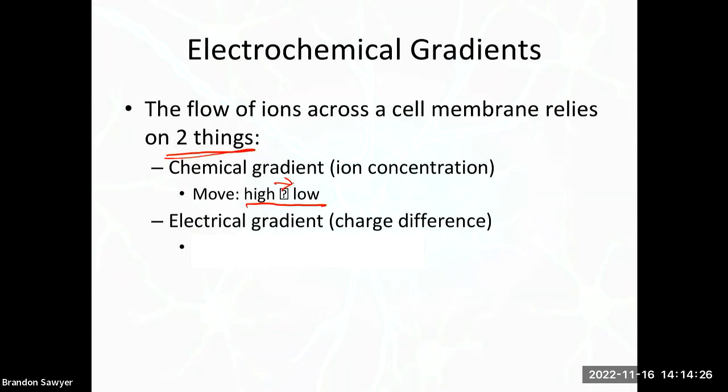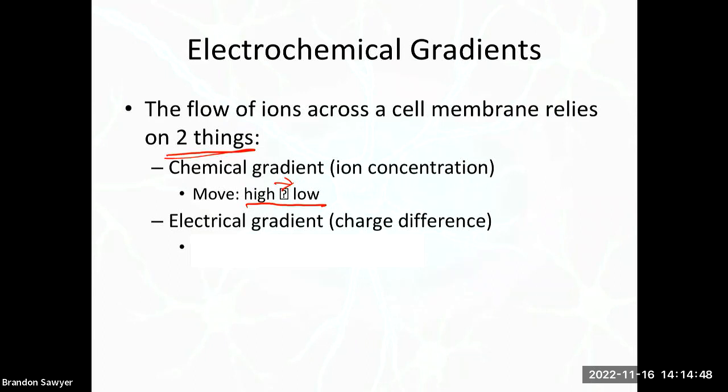That's a chemical gradient. But since these are charged particles, we also have to think about their electrical gradient. This is why when I asked you that question a couple times ago about which of the two has a stronger push, sodium or potassium, we worked out that sodium does, because the inside of the cell is negative.